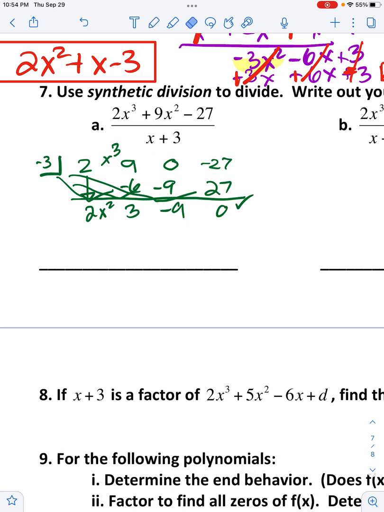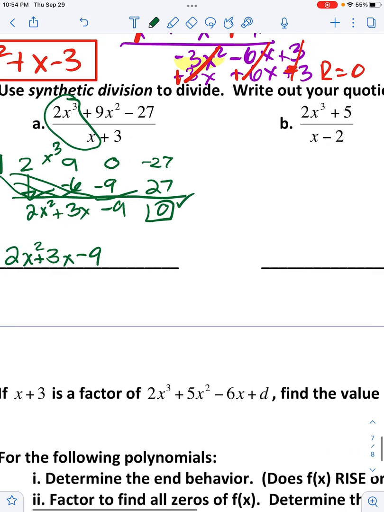So if you think about just this first thing, that would reduce to 2x squared. That's where this is coming from. So my answer is 2x squared plus 3x minus 9, which is my constant. This would be my remainder, but I don't have one, so I just leave it.